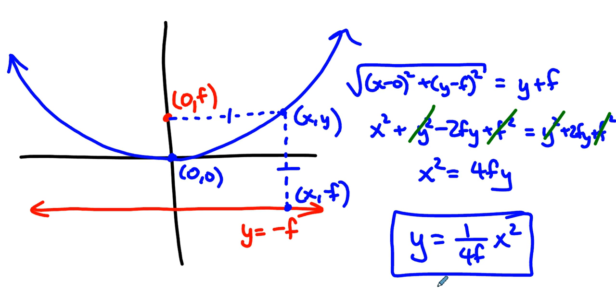How do we generate this parabola? Well, we generate this parabola by doing a vertical shrink by a factor of 4f. We know how far f is from the vertex. We can multiply that by 4 and we do a vertical shrink to generate the parabola that we're looking for.